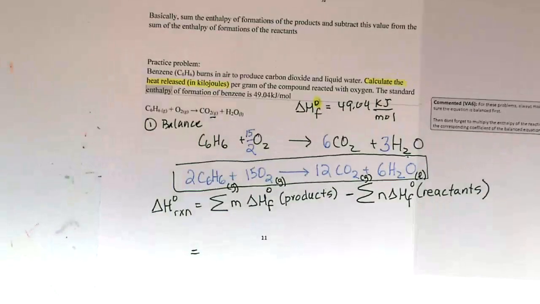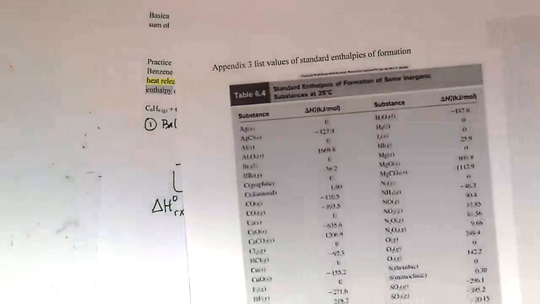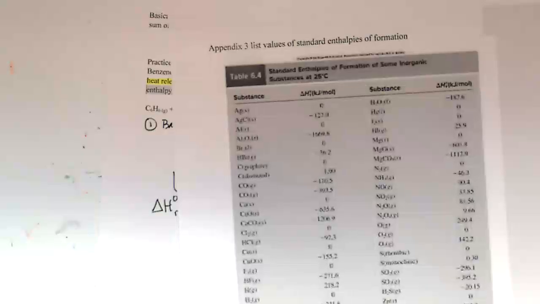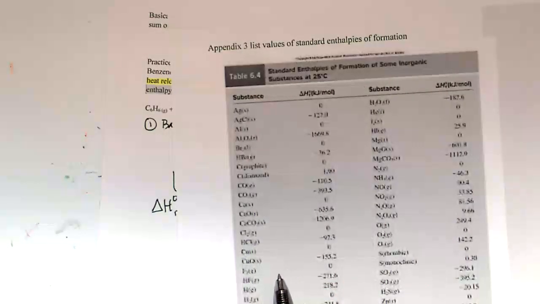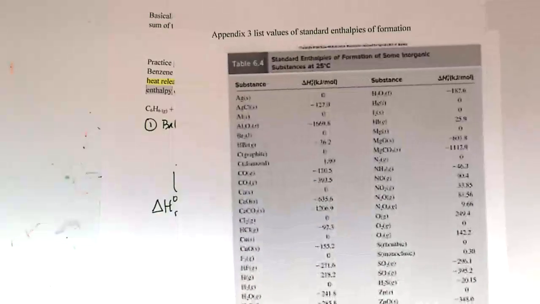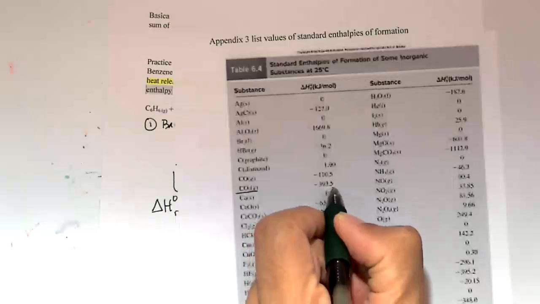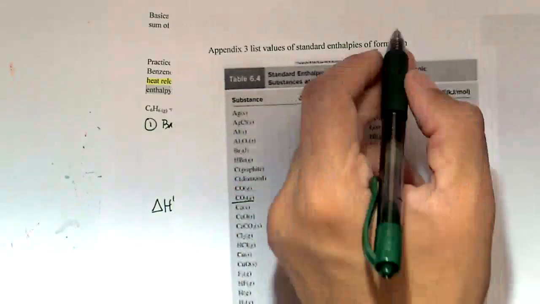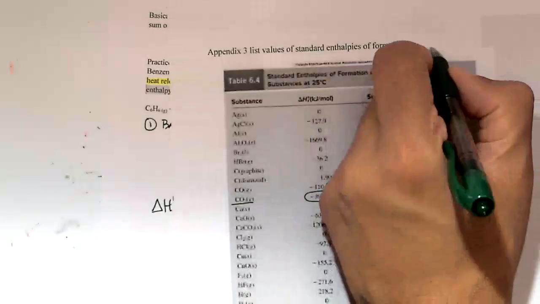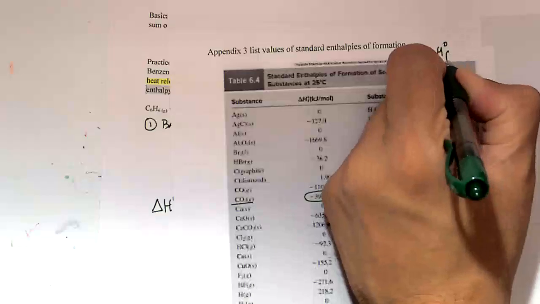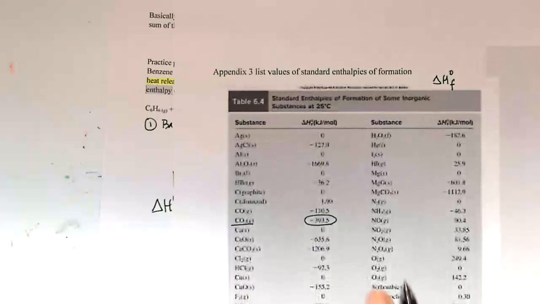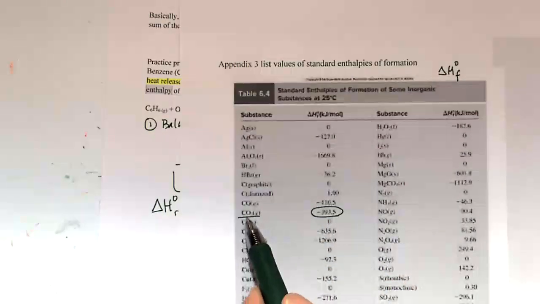If we go to page 12 here, CO2 gas is hard to see, so on the exam, definitely I'll give you one that's more clear. But if I squint and see CO2 gas, it's going to be minus 393.5. These are the delta H standard enthalpy of formation values that we use the lookup table for.